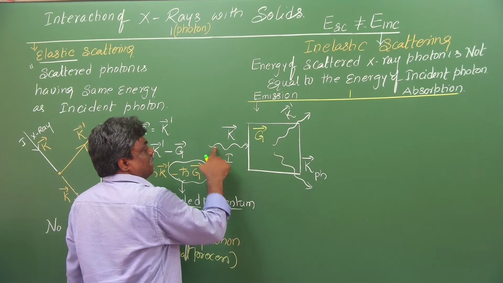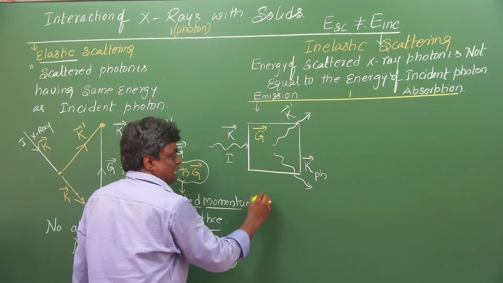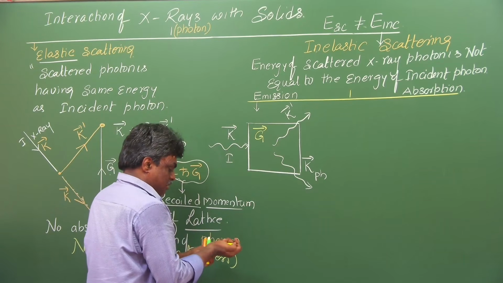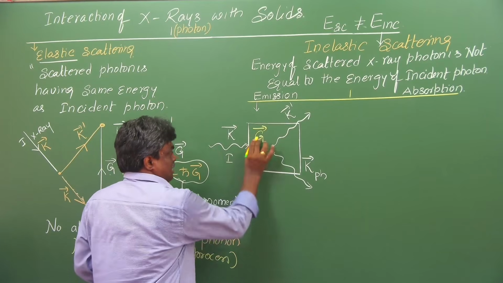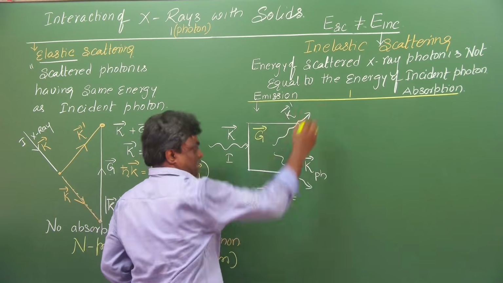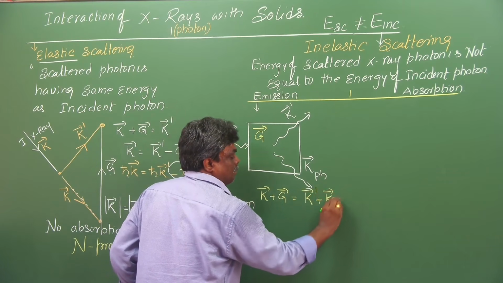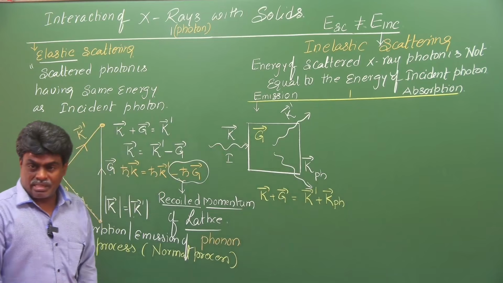Now ready. Incident, this is the k bar, and incident with the lattice, that is the g bar. That's why apply conservation of linear momentum. Initial: k plus g bar equal to k prime plus k bar ph. Say yes or no?